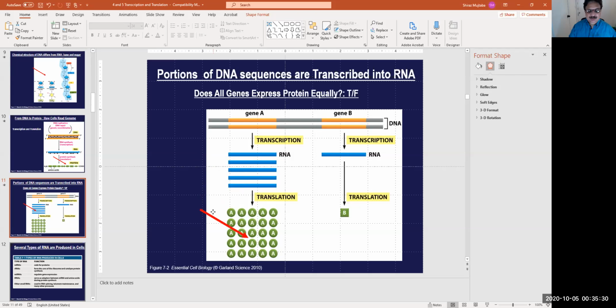So if there's a protein that is needed in huge amount, like spindle fibers or the proteins that participate in the cell cycle, they are produced in large numbers as compared to some of the proteins that are needed in very low amount at a particular time. For example, tumor suppressor protein P53. So they're not ubiquitously expressed, but they're very selectively expressed in very small amount. Okay.